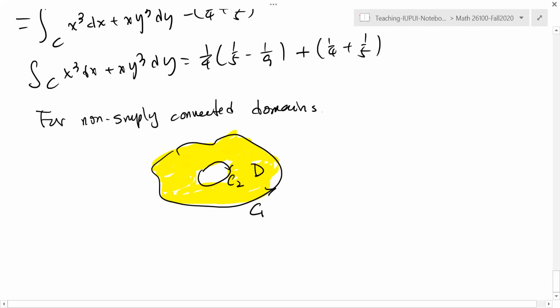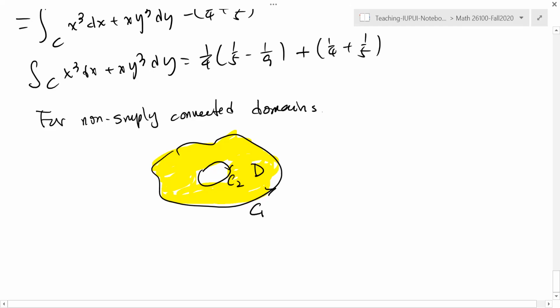So this is what it means: if the domain is bounded by two curves, the outside one must be oriented counterclockwise and the inside one oriented clockwise, okay?